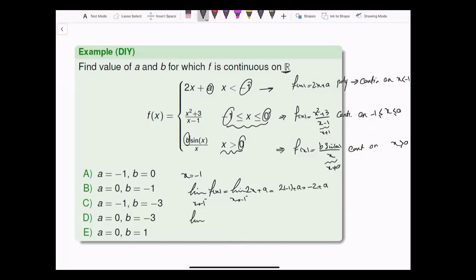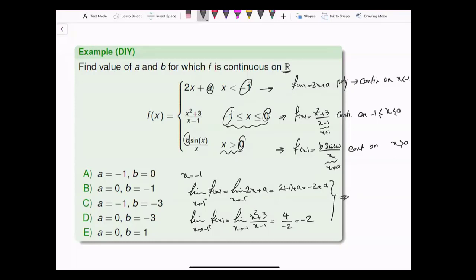How about from the right? This is the limit of x squared plus 3 over x minus 1 as x goes to -1, and that would be 4 over -2, which is -2.